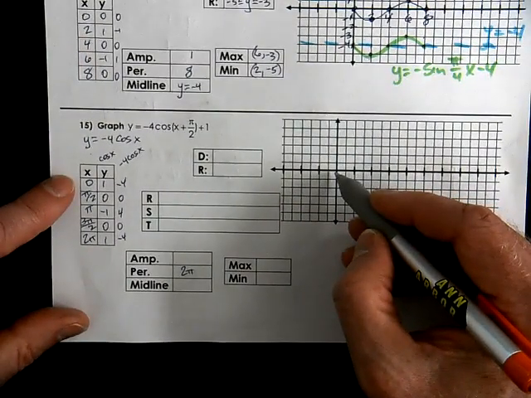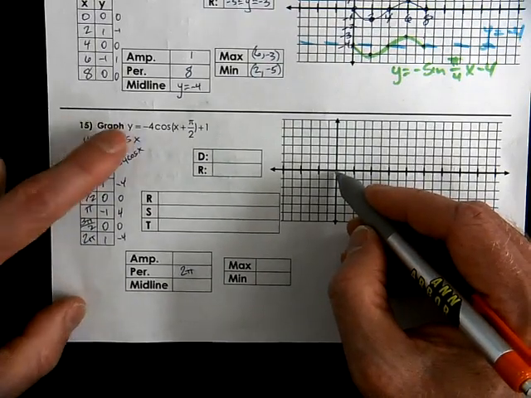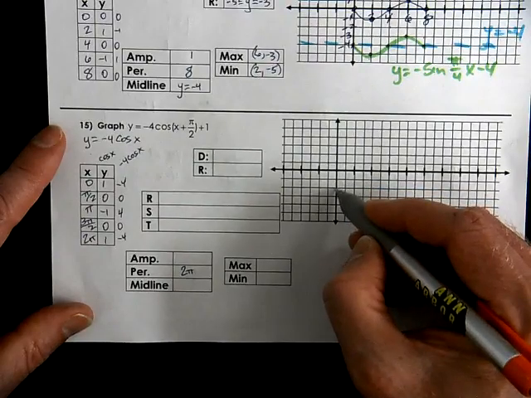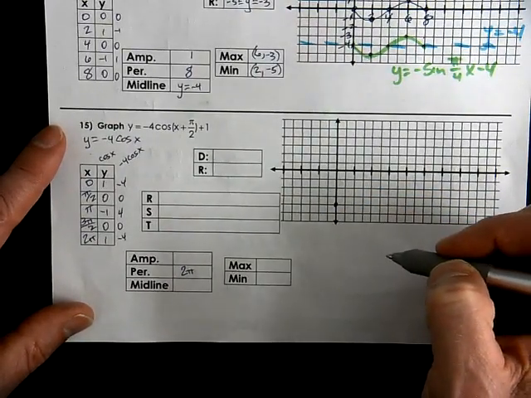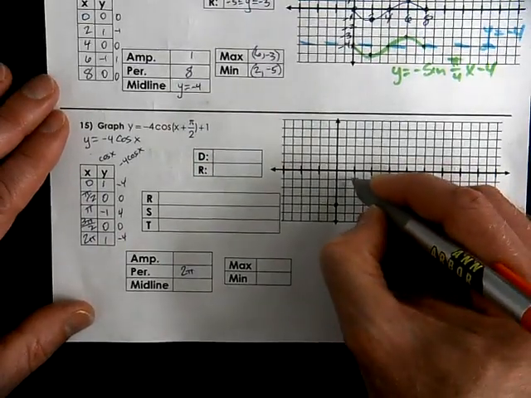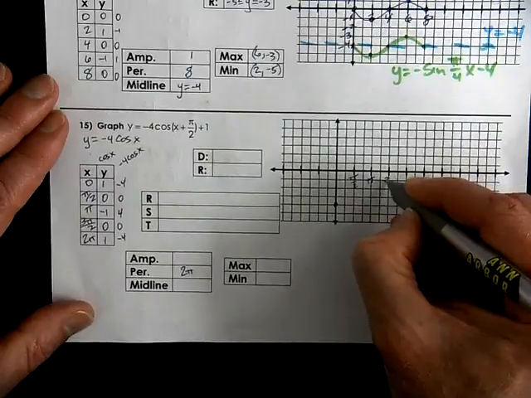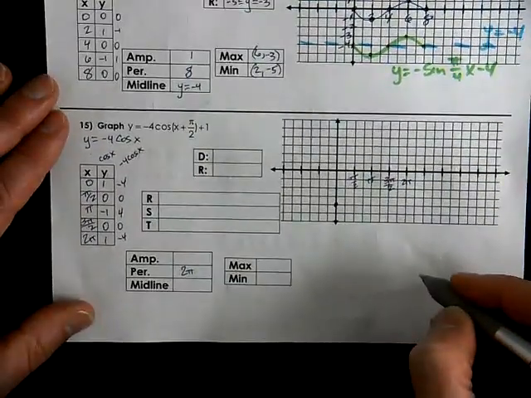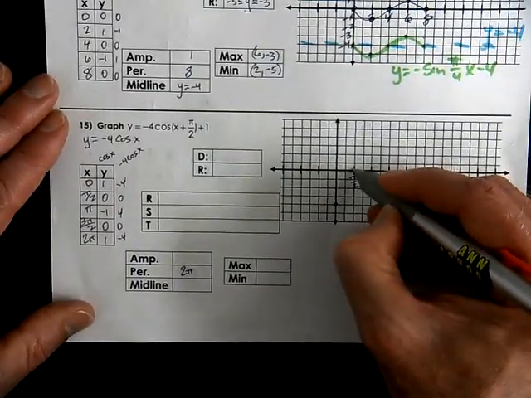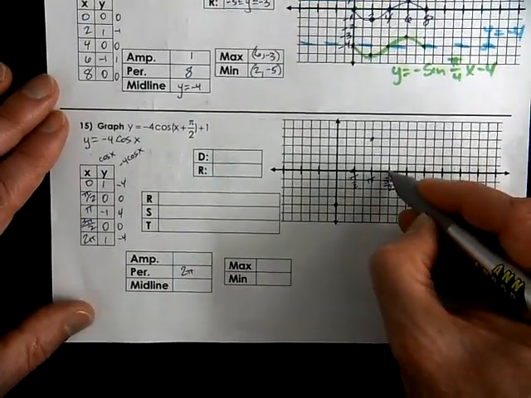So let's take a look at what that means. We're stretching, so negative 4, 1, 2, 3, 4. We know our scale is going to be pi over 2, pi, 3 pi over 2, and 2 pi. So negative 4, 0, 1, 2, 3, 4.